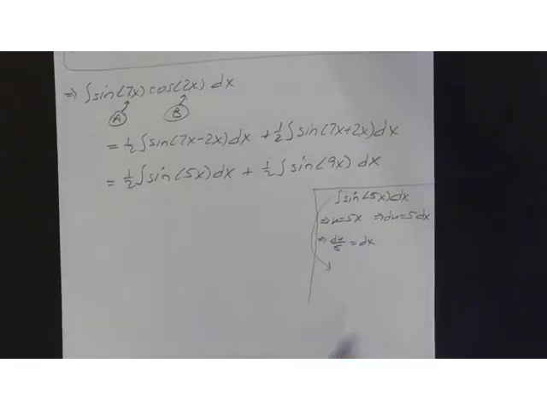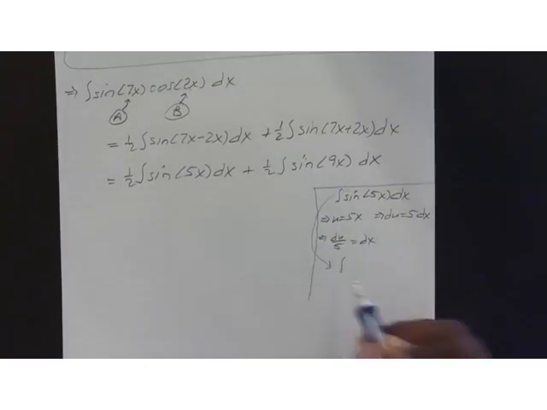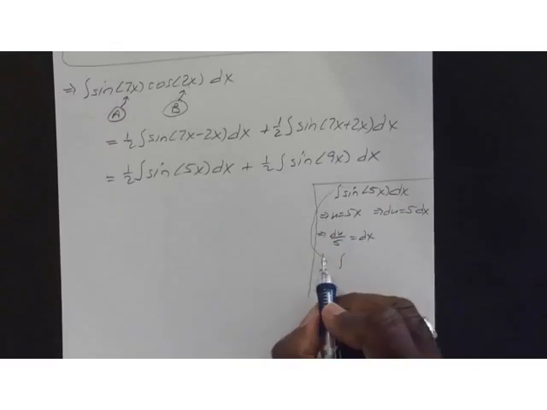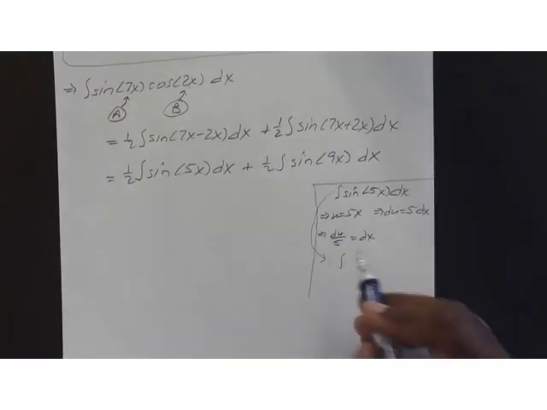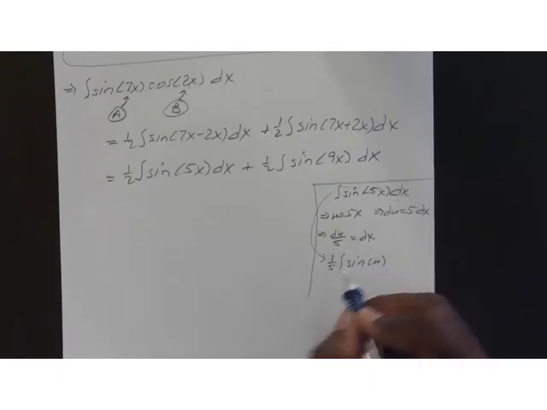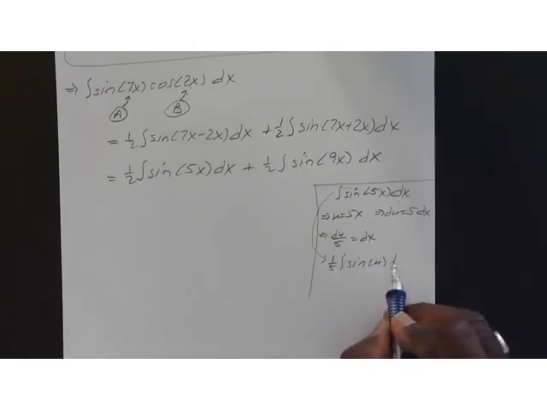This integral ends up being the integral of sine of u times dx, which is du over 5. Give that a little bit of room because we're going to factor that 1/5 out from the beginning, and just put our du right there.